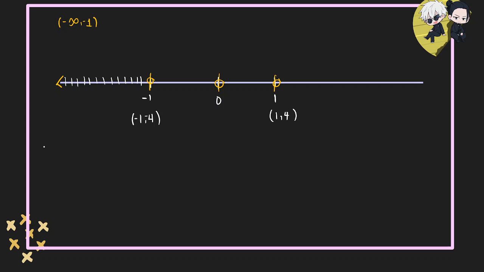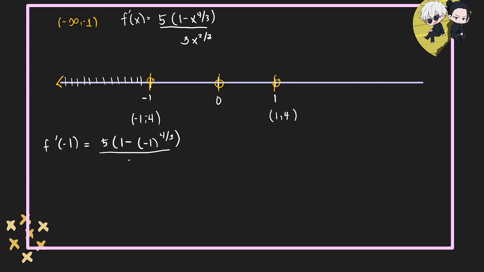So, if we substitute negative 2, ano nga ulit yung ating function na dinerive? Diba yung dinerive nating function ay f prime of x is equal sa 5 times 1 minus x raised to 4/3 over 3x raised to 2/3. So, ngayon, itetesting natin. Kapag si f prime ng negative 1, pag sinubstitute natin dito, 5, 1 minus negative 1 raised to 4/3 over 3 times negative 1 raised to 2/3.